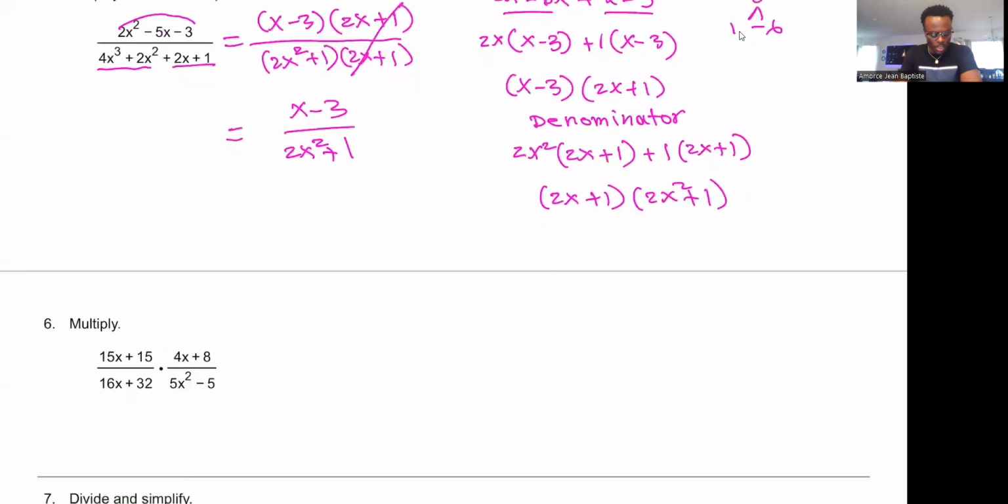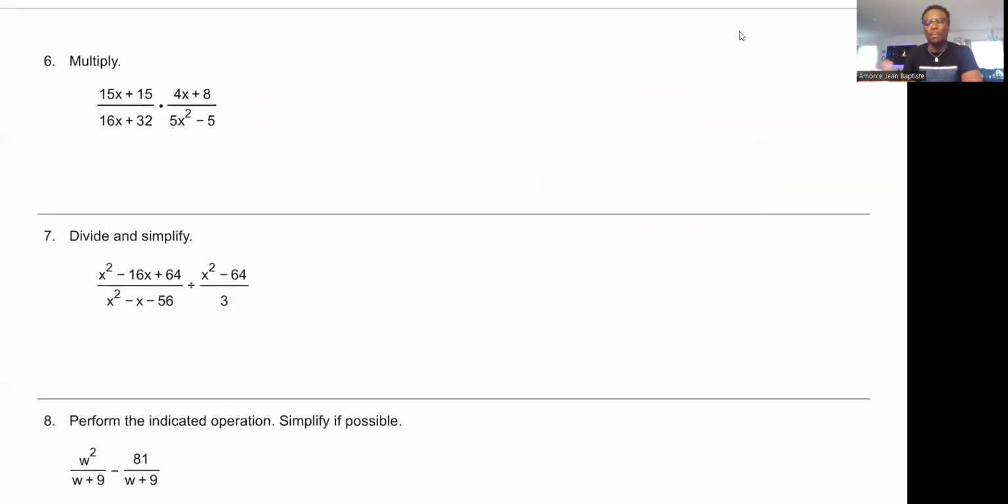The next problem is to multiply. Well, to multiply, we still need to factor completely each expression on the numerator and denominator, and then after that you will look for common factors that you cancel out, and then write out your simplified expression.